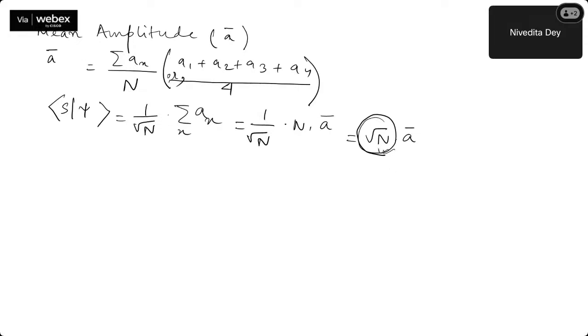Once I have a particular n, it is a constant. It depends only on the number of states, not on the S state or the W state anymore. So that means that, in the worst case, I can require for the rotation operator a maximum of root over n rotations, not more than that. So it is a function of root over n.